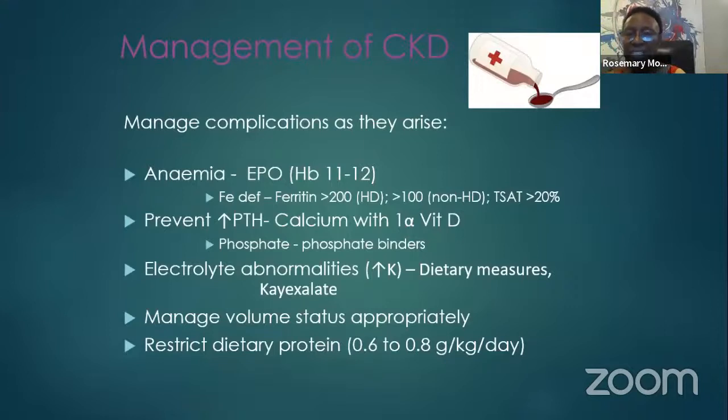If the patient is fluid overloaded, you need to restrict their fluids. And if your patient is already on dialysis as well, you need to make sure that the patient doesn't take quite a lot of fluids. Also, your dietary protein, you should restrict it to 0.6 to 0.8 grams per kilogram per day.